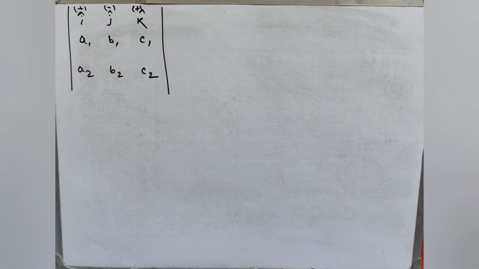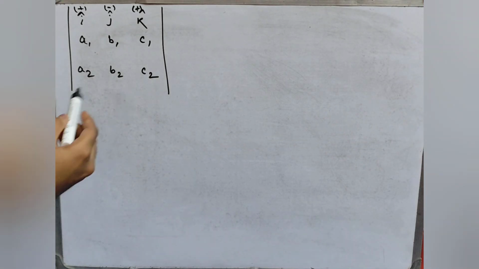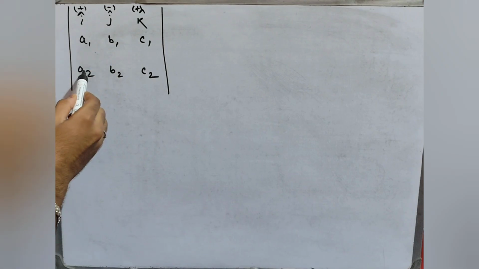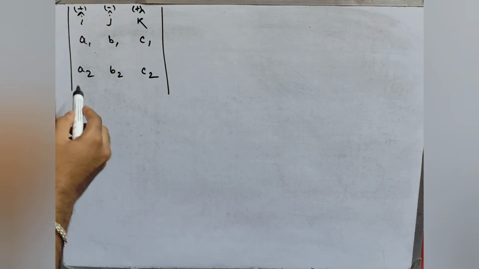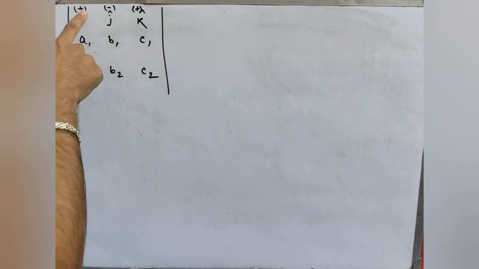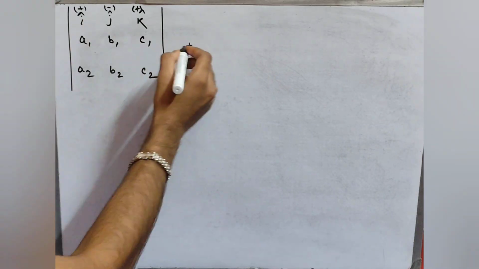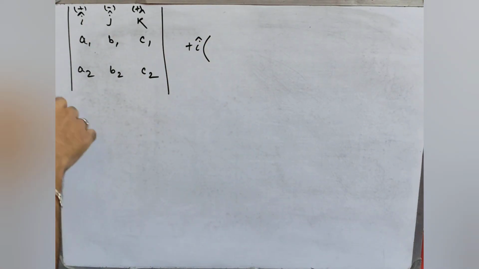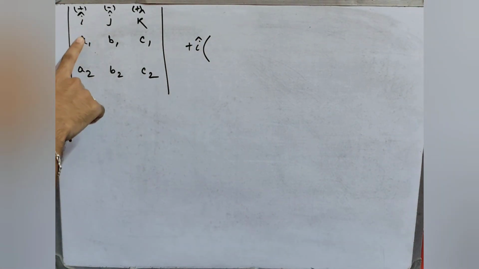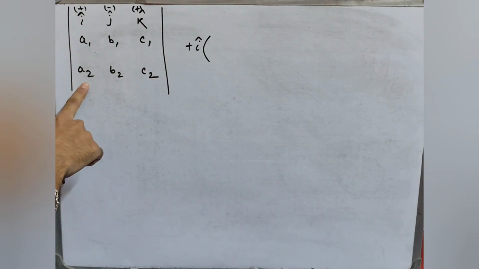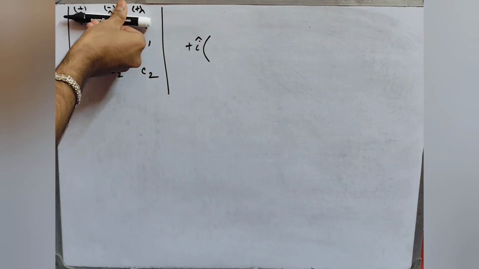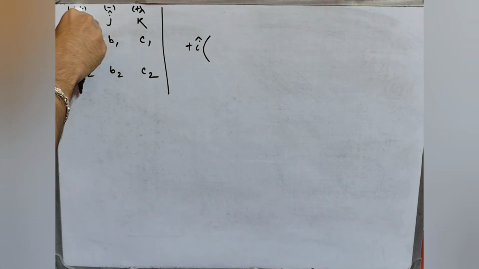When you are going to open this determinant, you should consider that this row and this column are not present. As this is plus, so plus i cap. Then you should consider that this row and this column are absent.